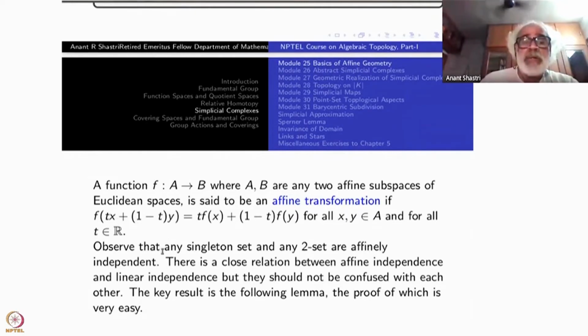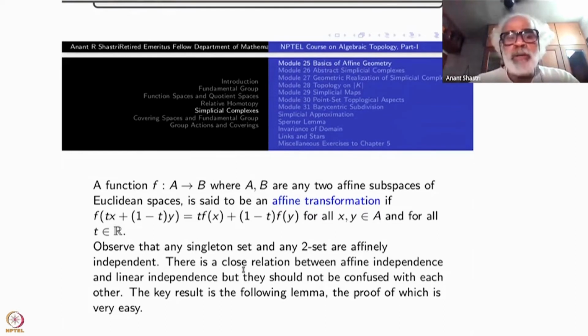Suppose you have any singleton set or any 2-point set. Any singleton set is affinely independent. In linear algebra, 0 is not independent; any non-zero vector is independent. In affine geometry, such differences are not there.